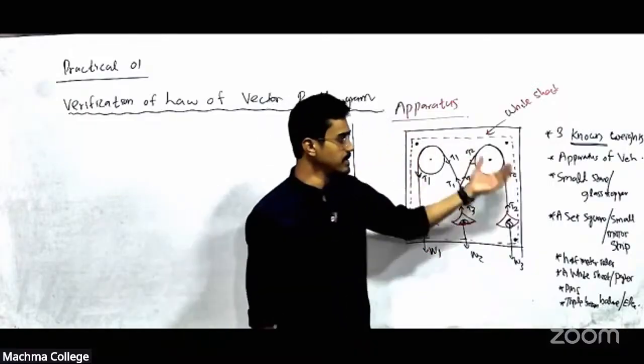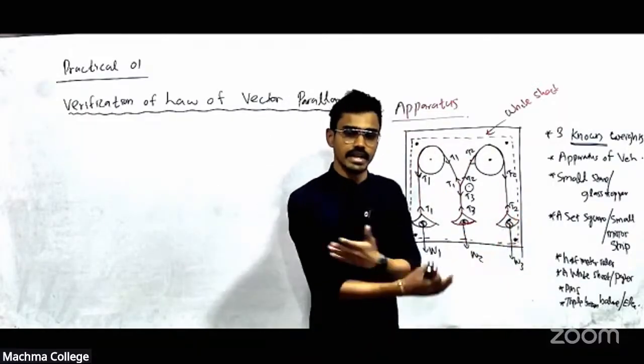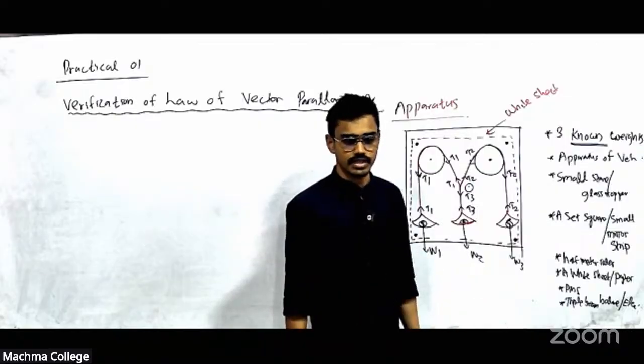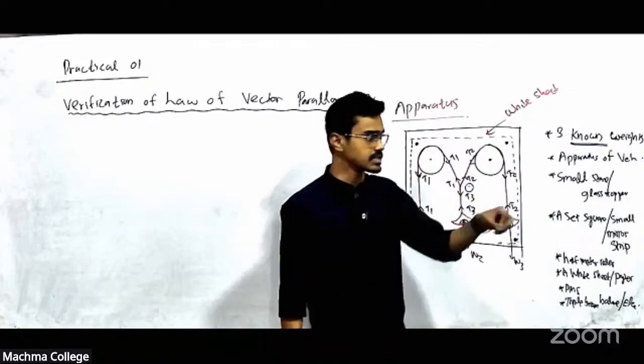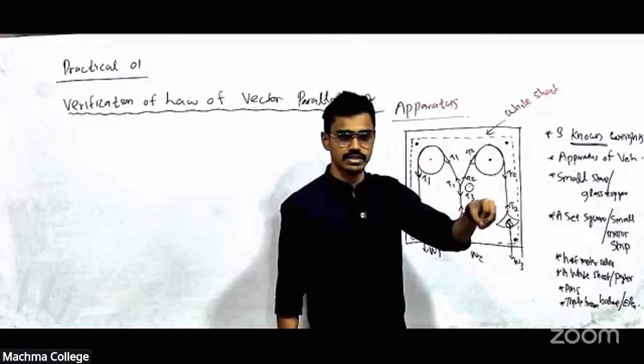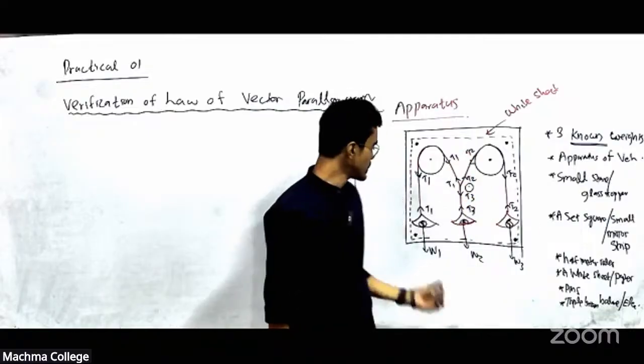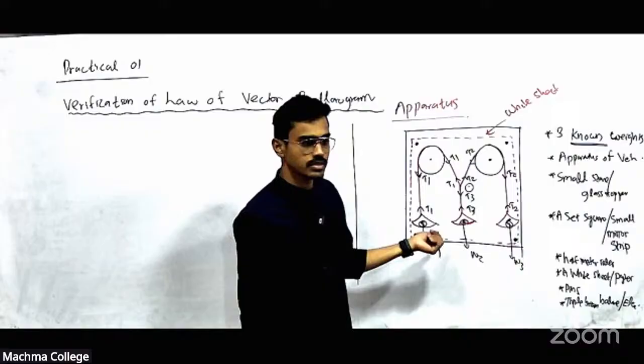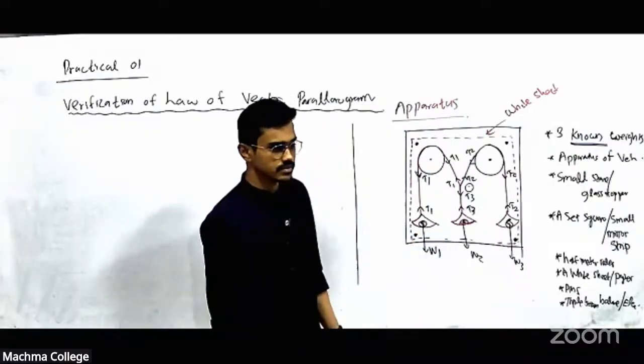If the system is in equilibrium, all the points in the system are in equilibrium. So this weight is also in equilibrium. T1 equals W1. Right?